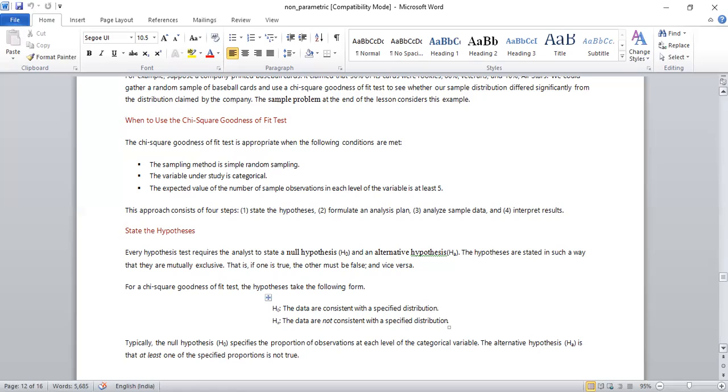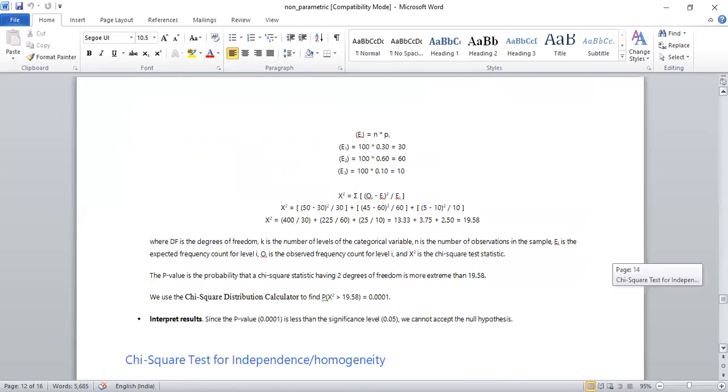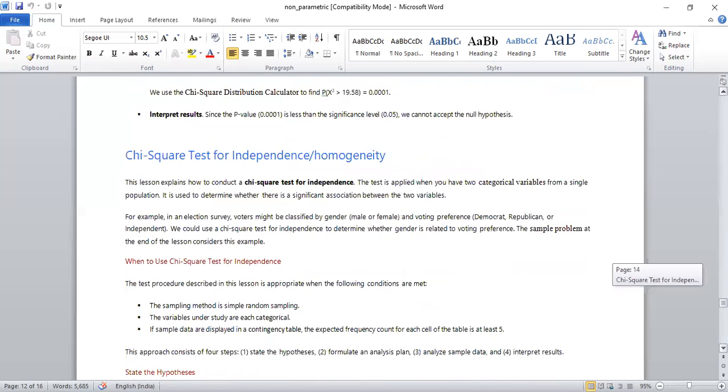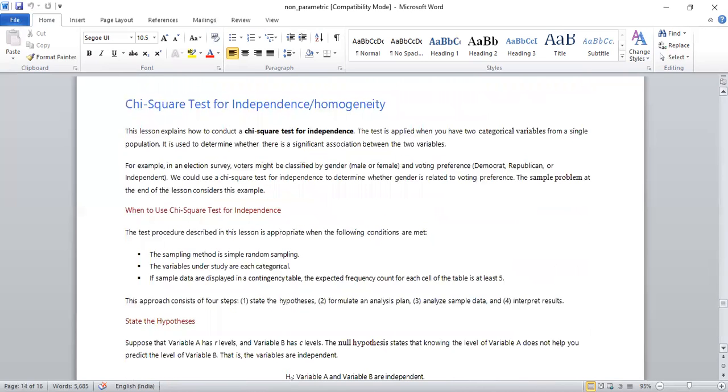Now when we come to learn about the chi-square test for independence or homogeneity, you have to consider two categorical variables. This test is applied when you have two categorical variables from a single population. It is used to determine whether there is a significant association between these two variables or not.